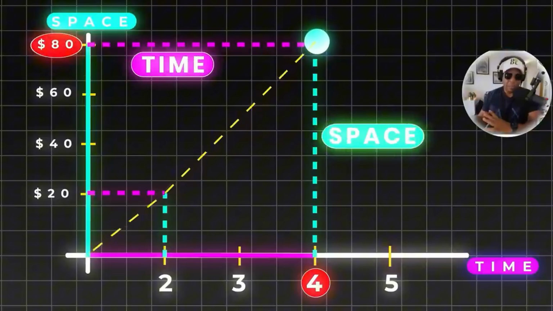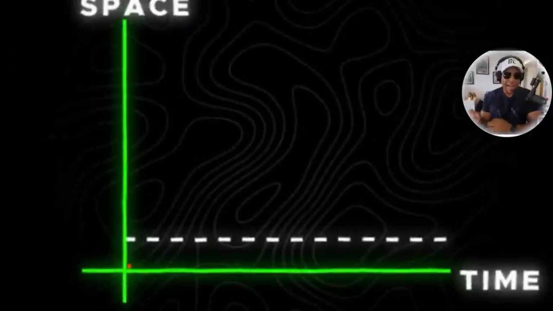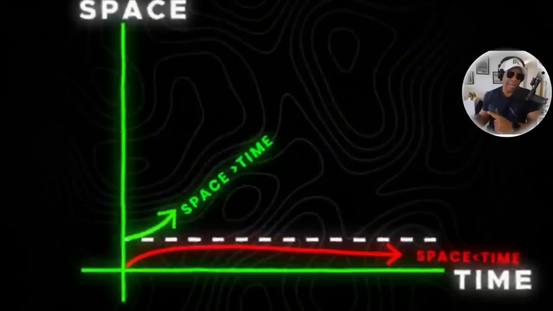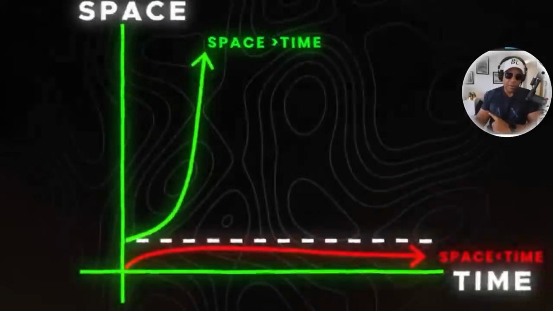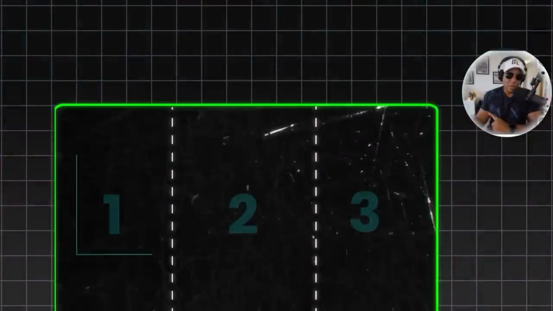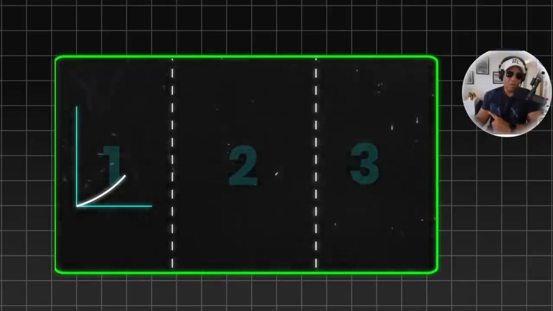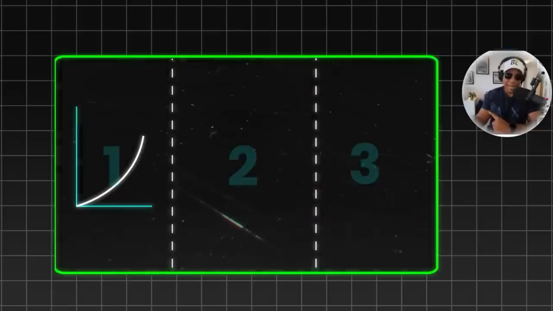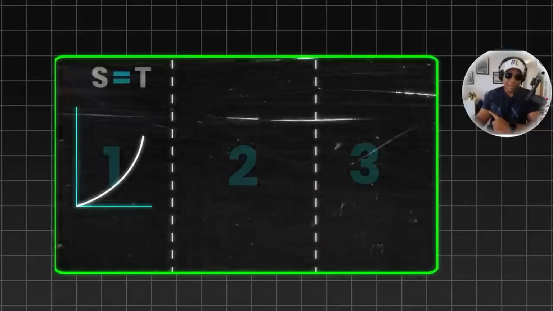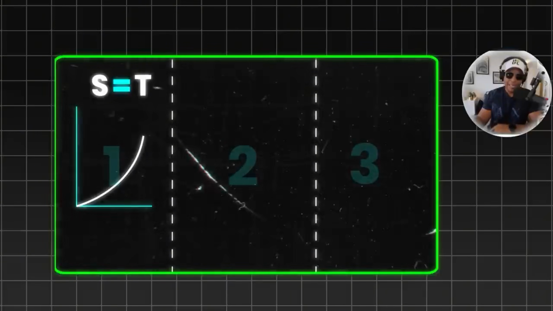It is possible for something to create space faster than it's creating time. What I've demonstrated here is the scenario where, to create space, I've also created an equal amount of time. So my time axis is equal to my space axis.